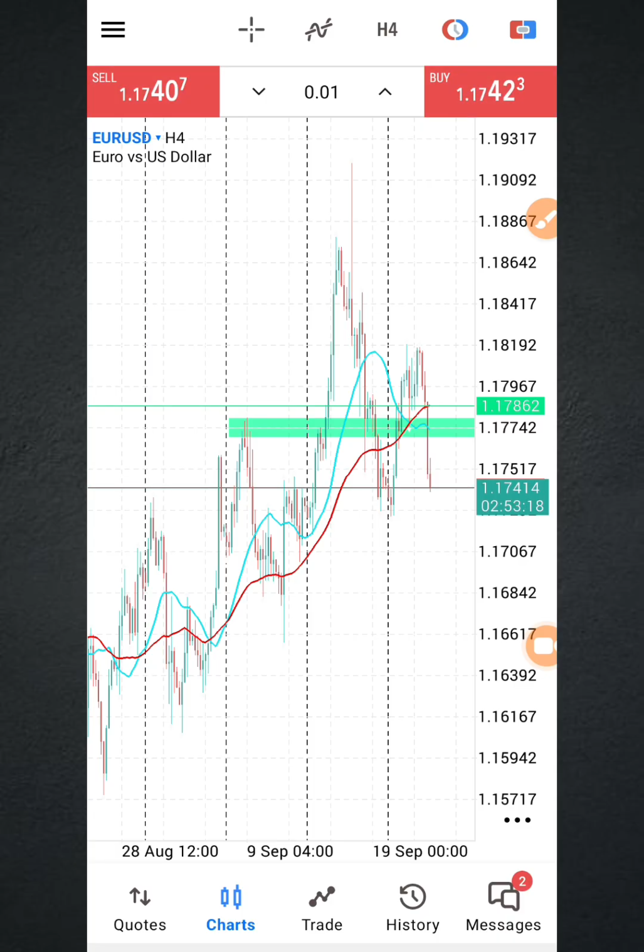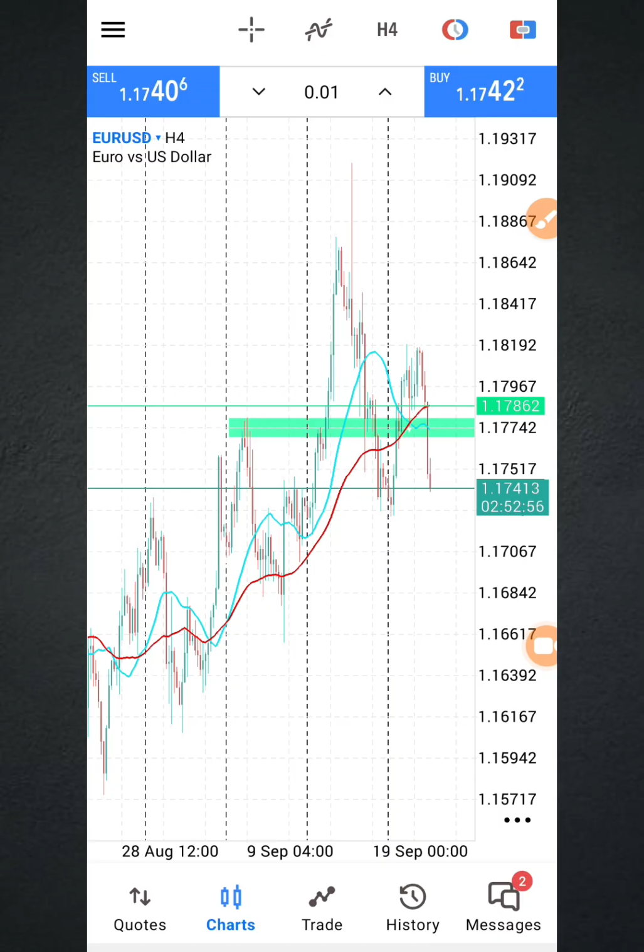Okay, so moving averages are technical tools that calculate the average price of an asset over a period of time. So let's take 10 days, 20 days. The average price of an asset over time is what we know as moving averages.